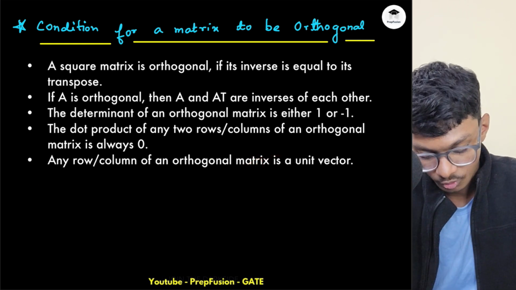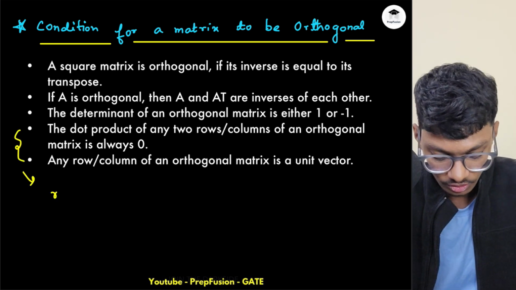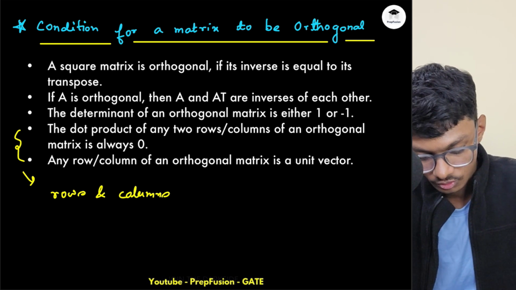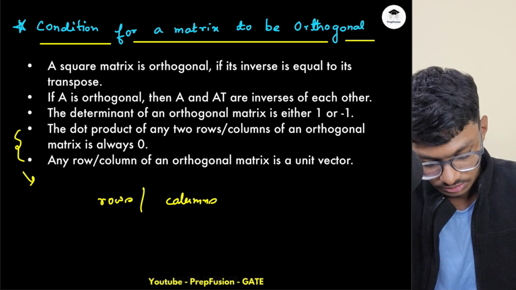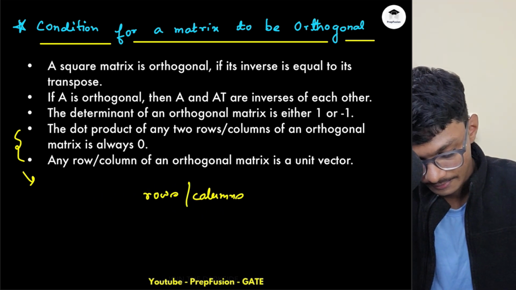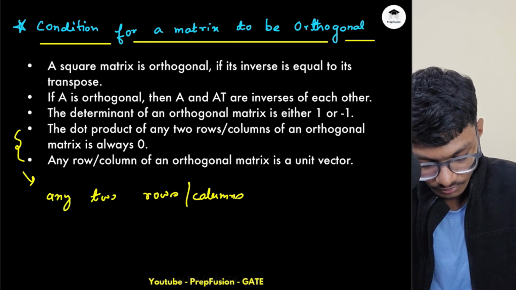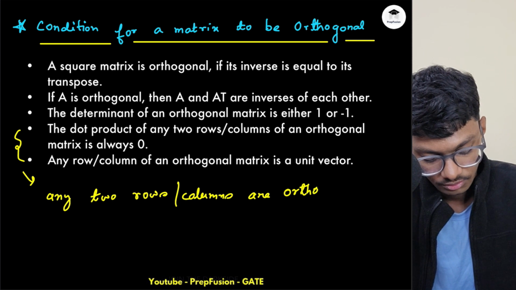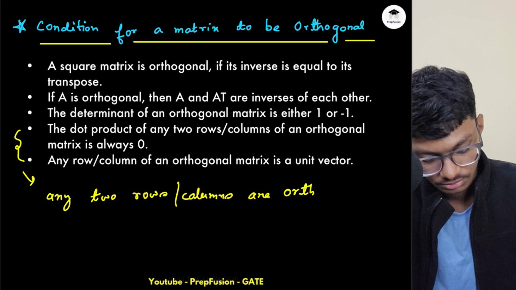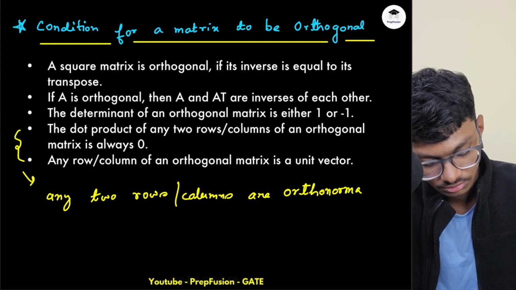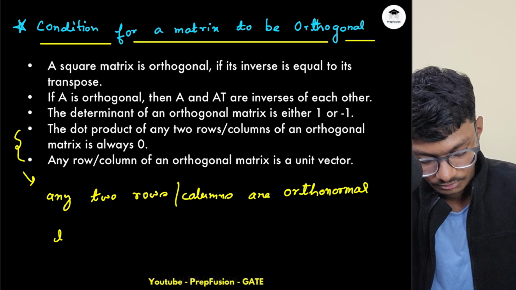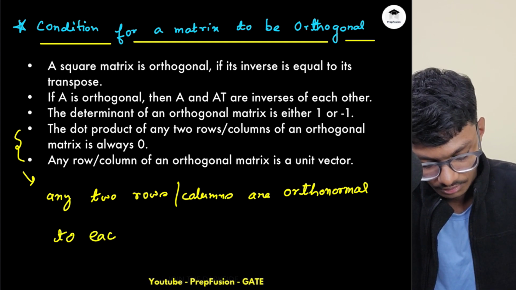So basically, these two points combined are telling us that any two rows or columns are orthonormal to each other.